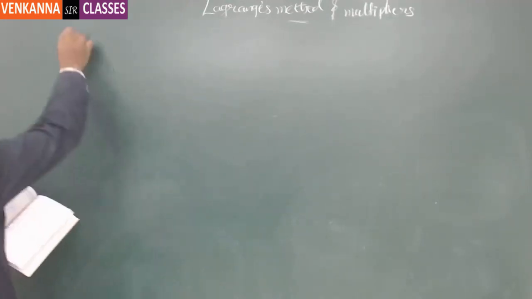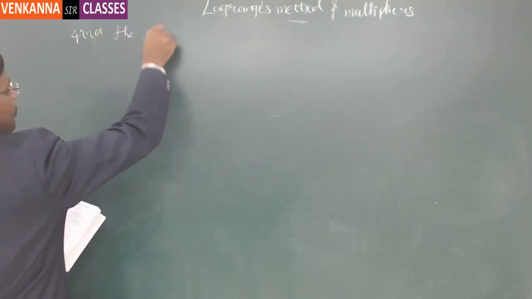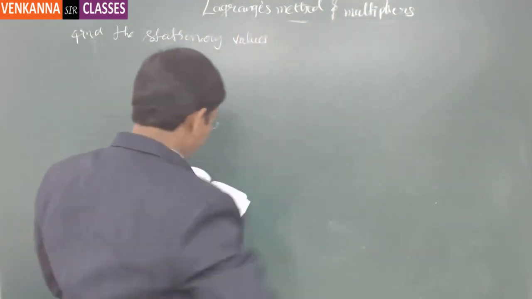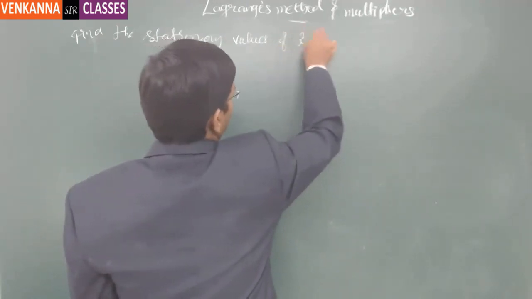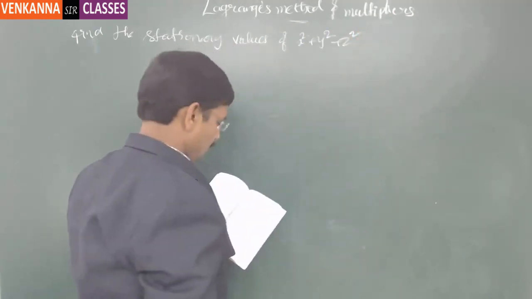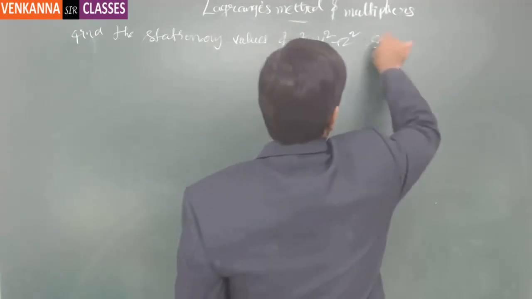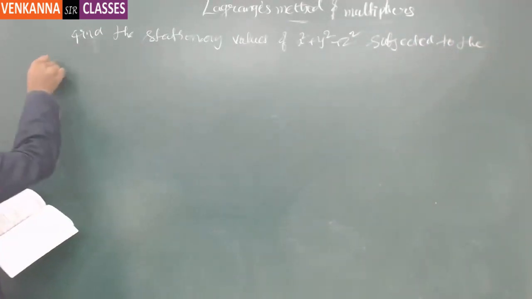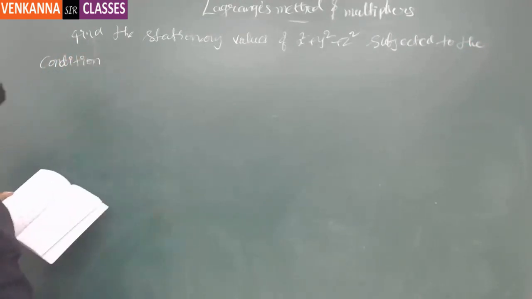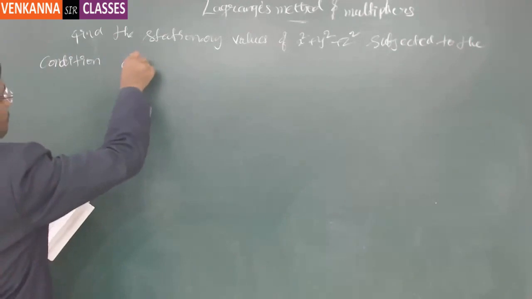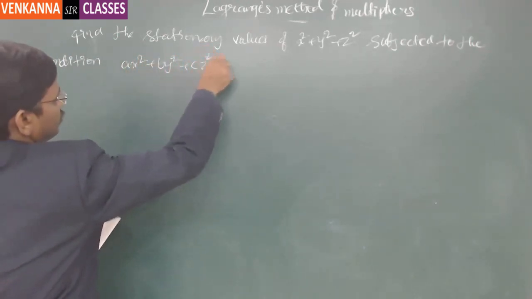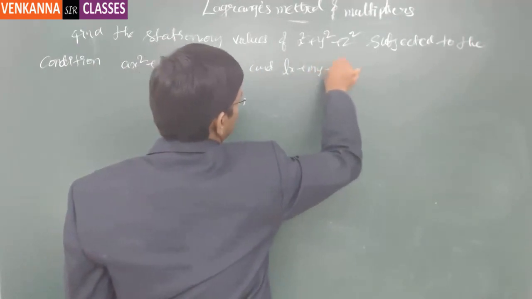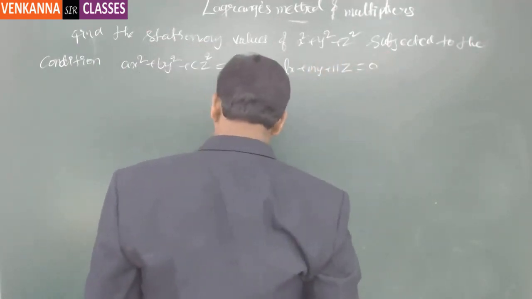Find the stationary values of x² + y² + z², subject to the conditions ax² + by² + cz² = 1 and lx + my + nz = 0, and interpret the result geometrically.